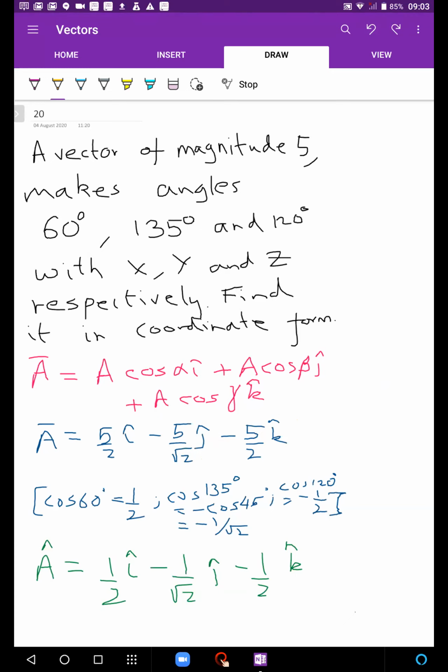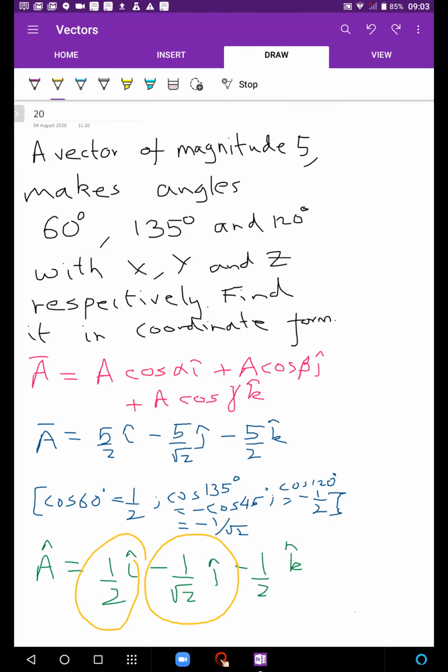If I want the unit vector, then I can divide by 5 and get rid of this 5 because 5 is the magnitude पहले ही दिया है. Or what I can do is I can simply write cos alpha I cap, cos beta j cap, cos gamma k cap. So directly half I cap minus 1 by root 2 j cap minus 1 by 2 k cap.